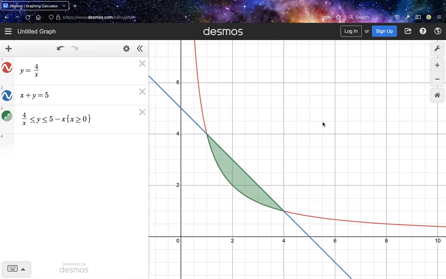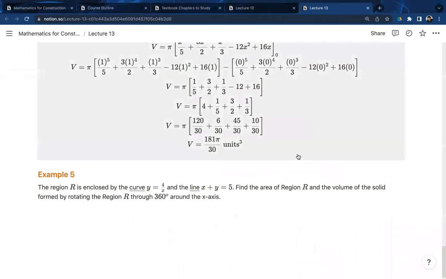That shaded region is what I'm trying to find. That's R. R is that shaded region.